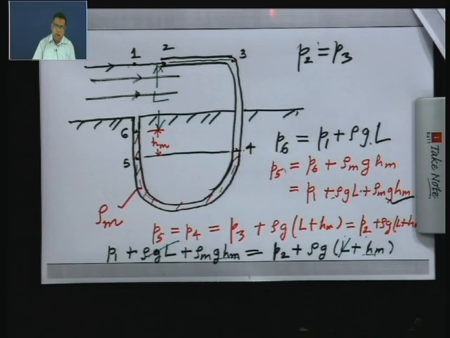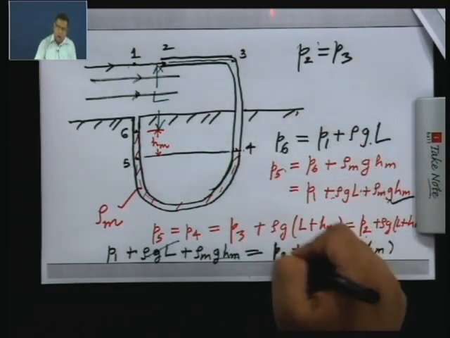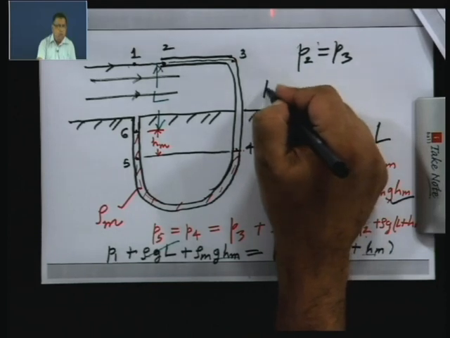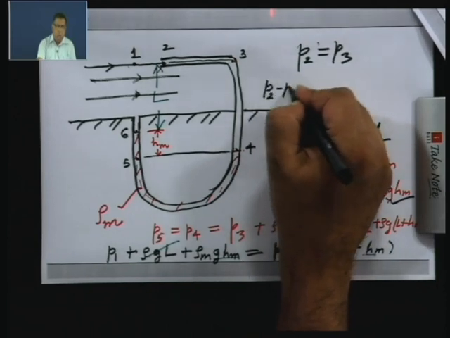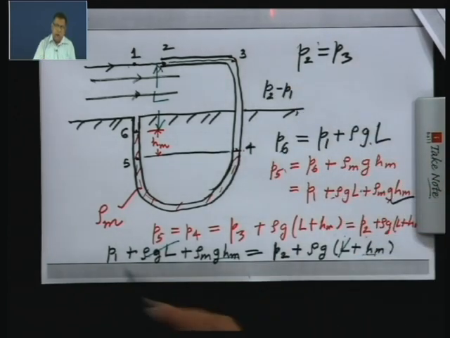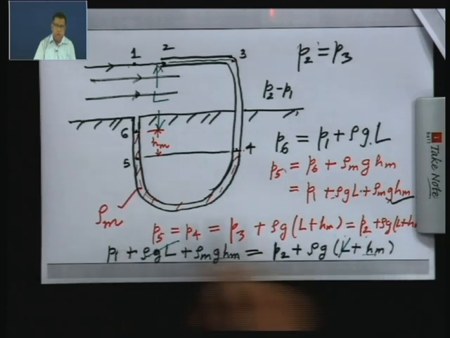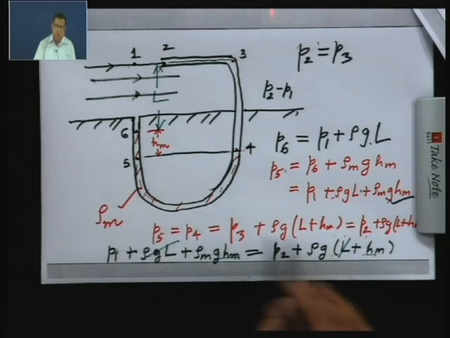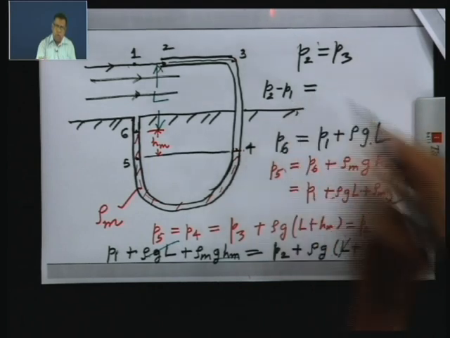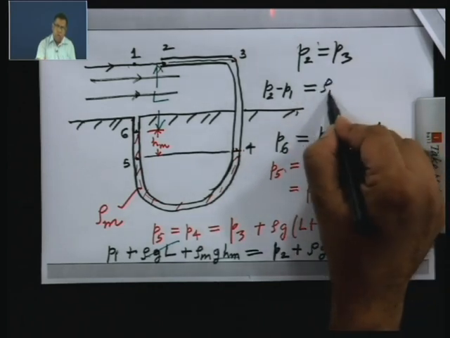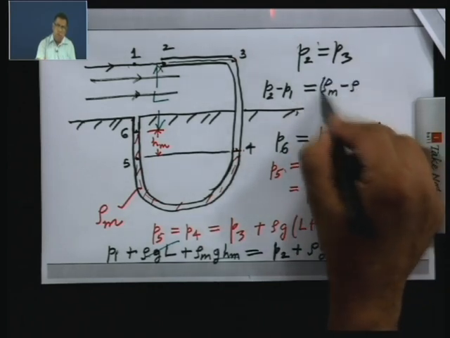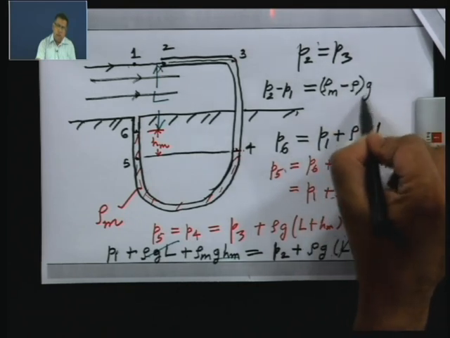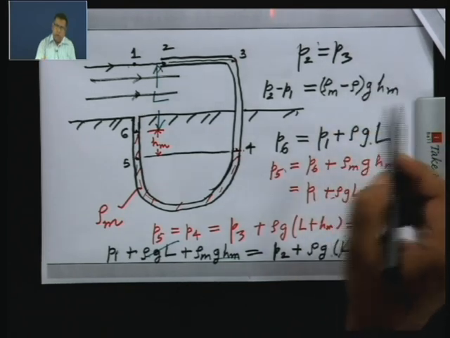So, from here, due to lack of space I have to write here on top, if you want P2 minus P1, I can bring this term to the left and move this term over there. You are going to see this is equal to (rho m minus rho) into g into h m.